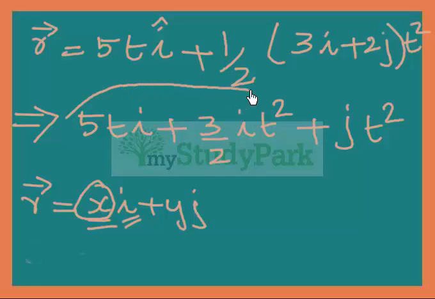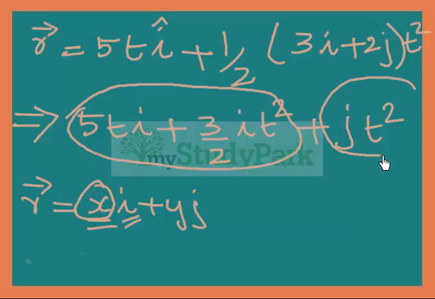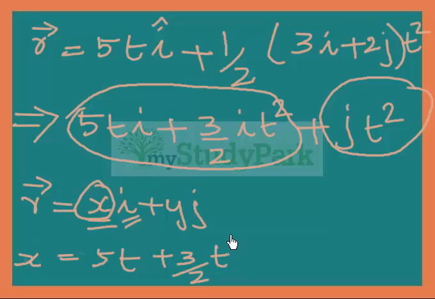These will be the basis for the x direction, and this will be the basis for the y direction. So from this you can see that x equals 5t plus 3 by 2 t square.